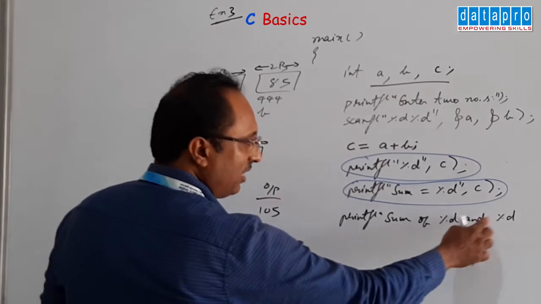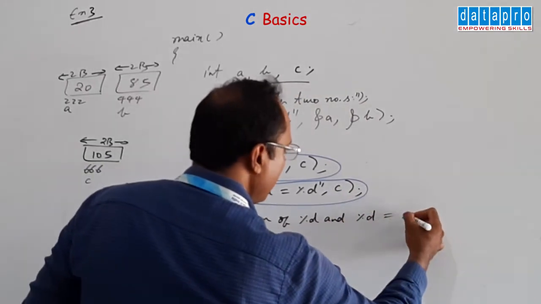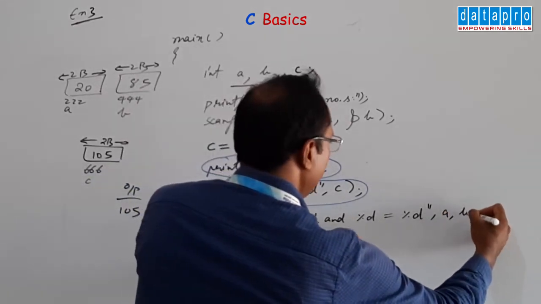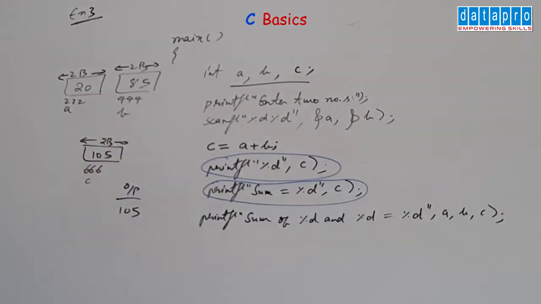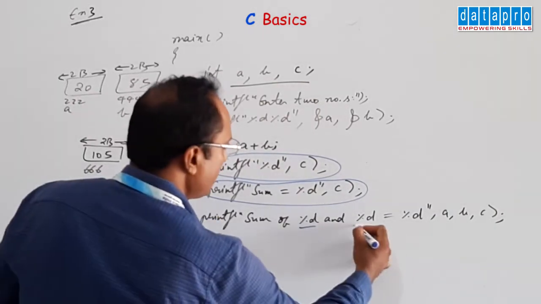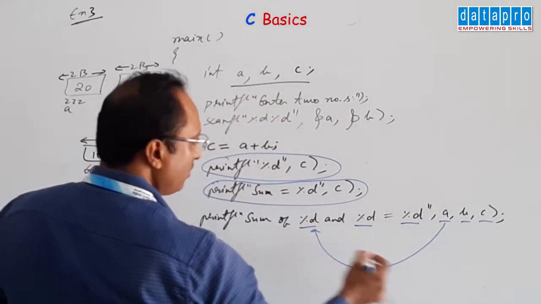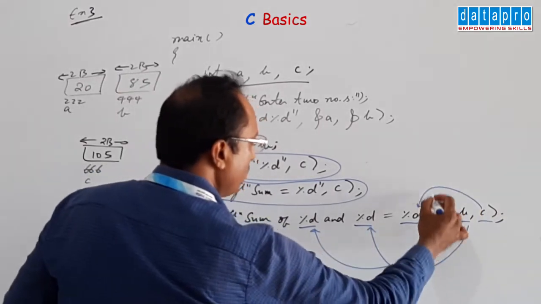Sum of say 10 and 20 equal to 30, so 10 and 20 equal to again %d. Then for this one A, this one B and this one C. So 3 format specifiers, that's why 3 variables. A's value is displayed over there, B's value here, and C's value over here.